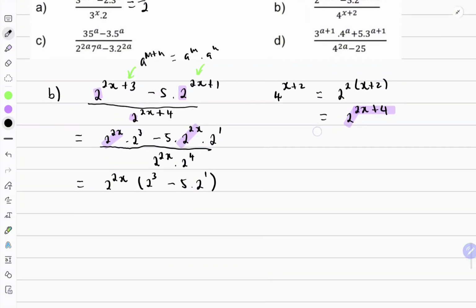And in the denominator, you have 2 to the power of 2x times 2 to the power of 4. So you can see that these cancel out.